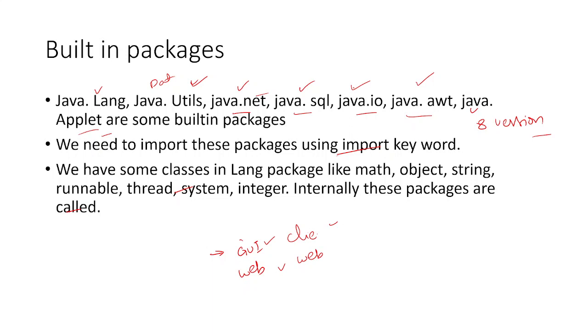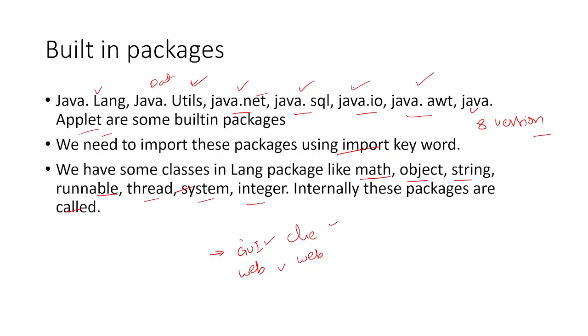After this, inside the lang package we have different classes. We have seen an example of Math. In that same way we have the Object class, String class, Runnable interface, Thread class, System, and Integer. We need to understand the behavior of all these classes, and use them to perform some operations.